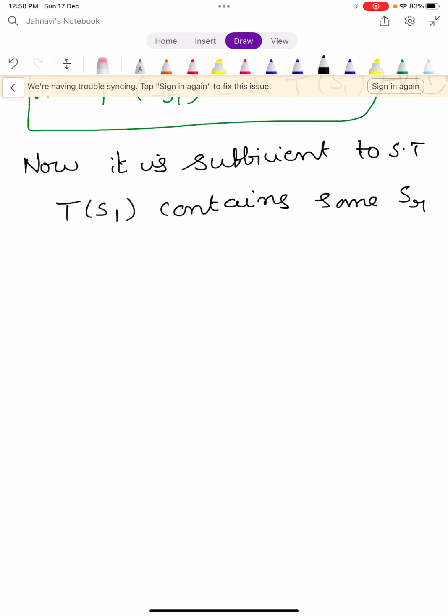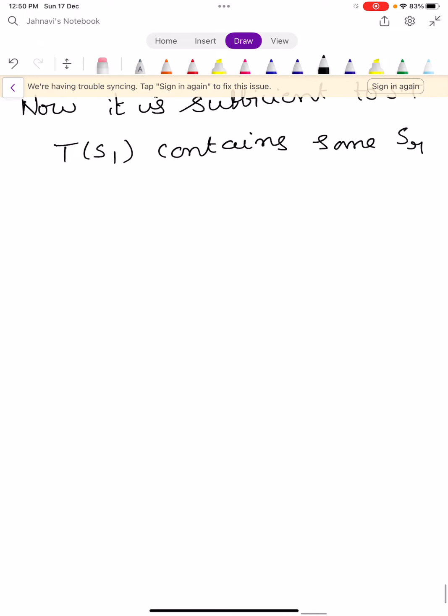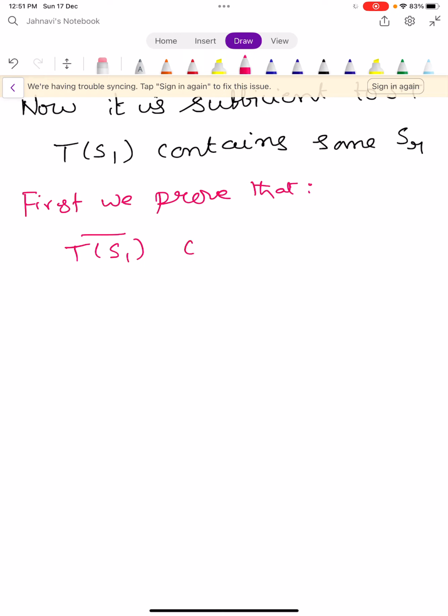Then obviously the open sphere lies in another open sphere. So we go for it. First we prove that T of S1 bar contains an open sphere SR dash.